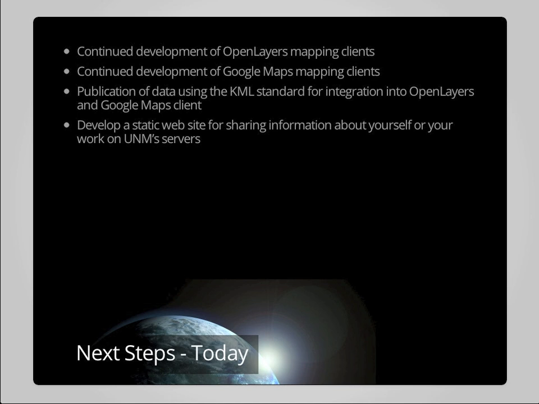You can create a KML file, say in an application like Google Earth, or even by editing it within an XML or text editor of some sort, and then place that KML file in a web accessible location so that you can integrate it either into, say, an OpenLayers or a Google Maps client, or share it as a linked file that a desktop GIS user using, say, Quantum GIS or ArcGIS might also be able to download and use within their system.